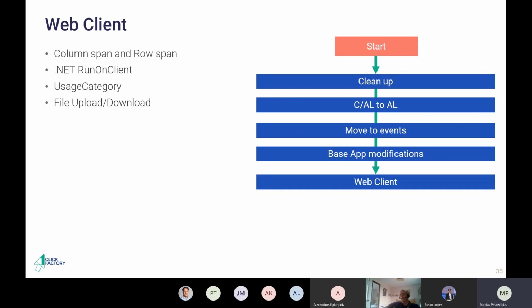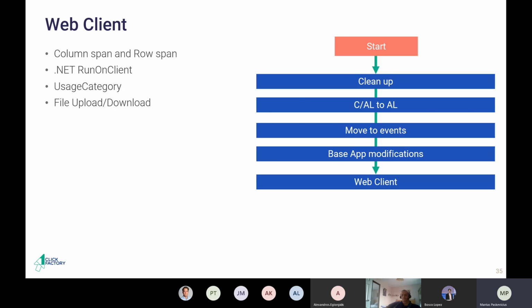And if the customer wants to move to the 150 or 160 version of Business Central, it is not possible to skip these steps, because on the 150 and 160 versions of Business Central, we have no other choice but to use the web client of Business Central.